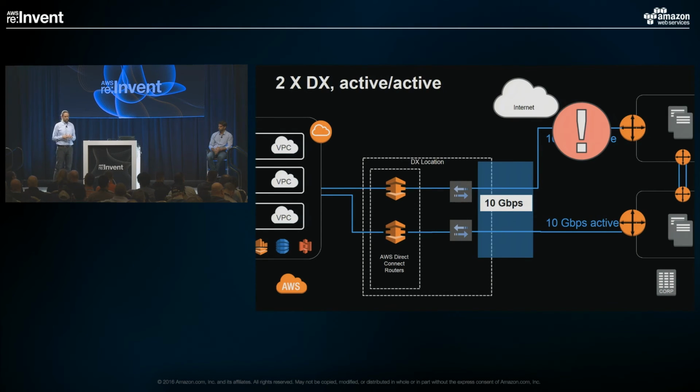One thing to keep in mind, sometimes customers will add a second Direct Connect connection for the purposes of resiliency, and they'll set it up in an active-active scenario, because why wouldn't you? But over time, they develop a reliance on the aggregate bandwidth that both of these connections are providing.